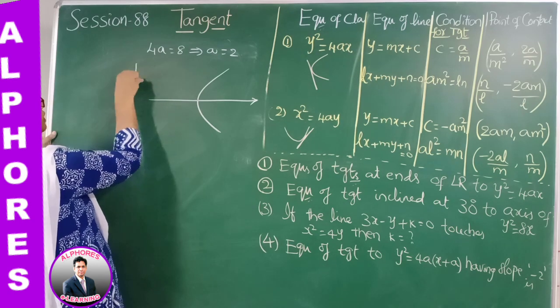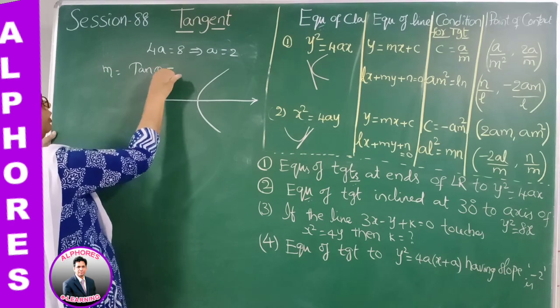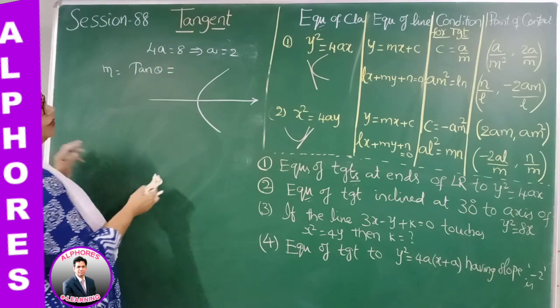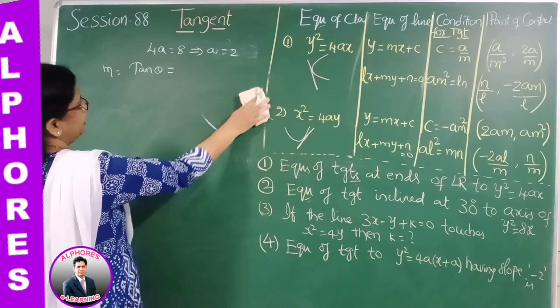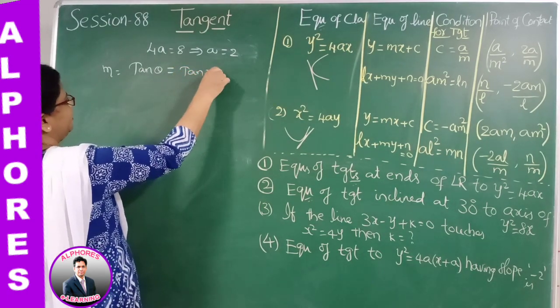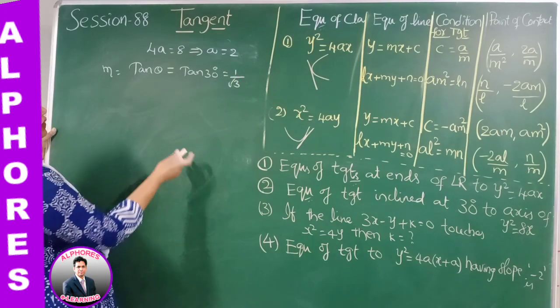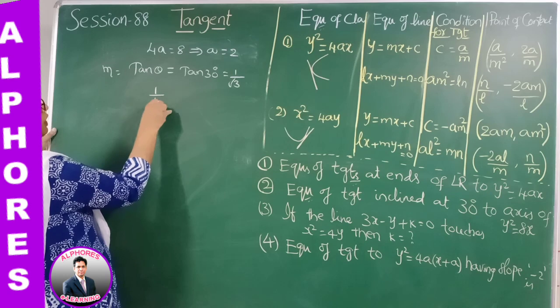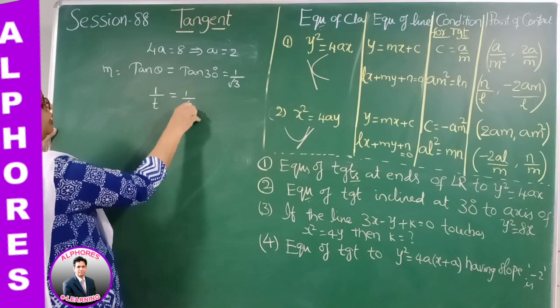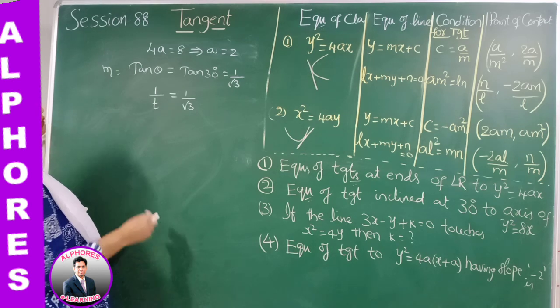30 degrees means tan theta is our slope. So m equals tan theta, equal to tan 30 degrees. Now tan 30 degrees, you know the value is 1 divided by root 3. So the m value is given, this is 1 by root 3. In other words, we can even use 1 by t equals 1 by root 3 also. Anyway, you can solve the problem students in the parametric form or y equals mx plus c, in both methods.